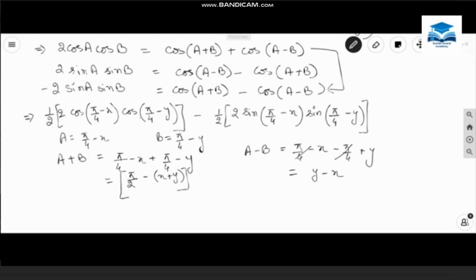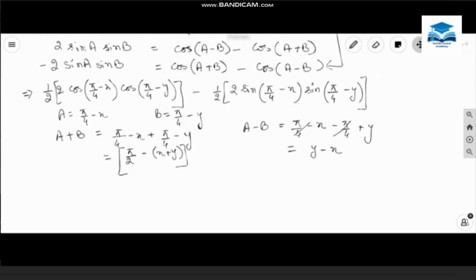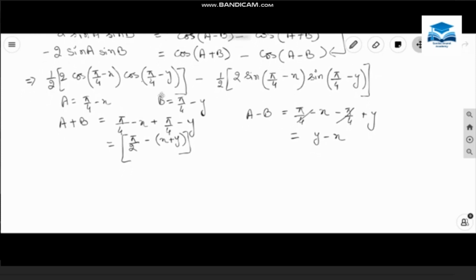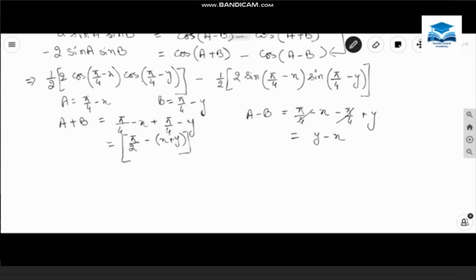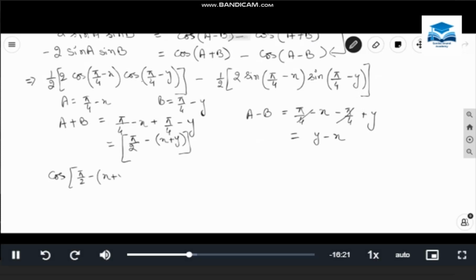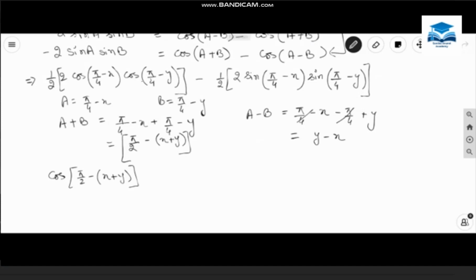Done. Now we substitute the values. At this position, we have cos A plus B, cos A minus B. So we get cos A plus B, that is pi by 2 minus x plus y plus cos y minus x.